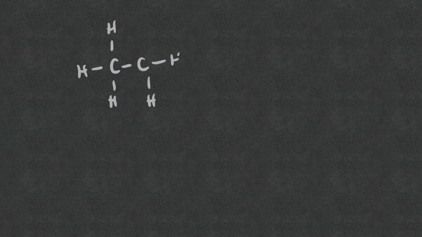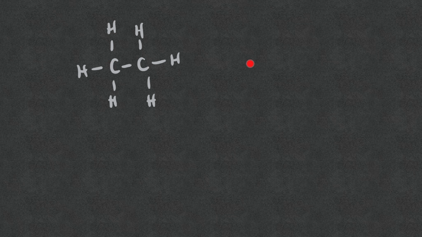Now, we also like to annotate special types of carbons depending on how many carbons a particular carbon is attached to, right? And so, for example, if we have ethane, right? So this is ethane here. All right, and what we want to pay attention to is how many carbons this particular carbon is attached to, right?